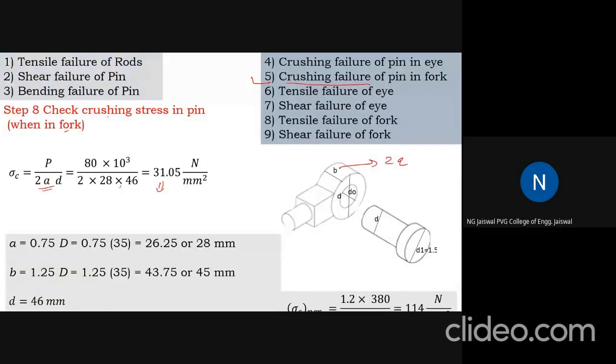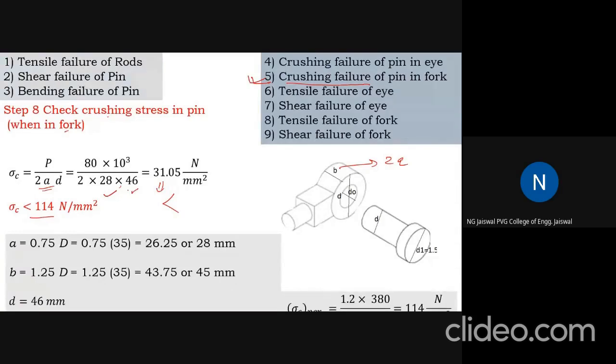Both materials here, because both are the same material. And it should be less than the permissible compressive stress. It is 114 again. So it should be less than 114. If it is less, your selection so far, meaning your diameter, this dimension, is correct so far. So this is over now.